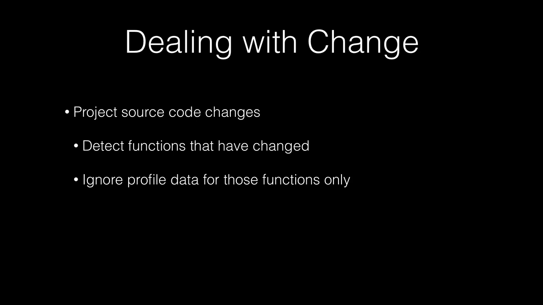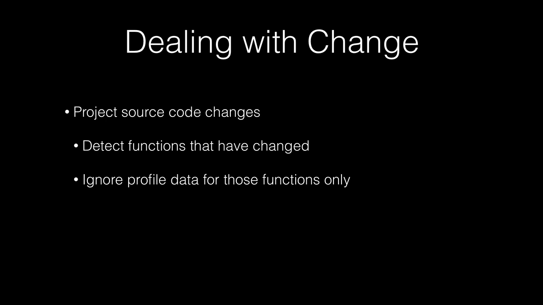Let's start going through those a little bit more in depth with how we deal with change. The first scenario we care about here is where I've collected profile data, and then I found a bug in my code, and I fixed the bug. Well, it might take quite a long time to go and reprofile with that change, particularly if you have a large set of inputs to cover all of the cases you care about.